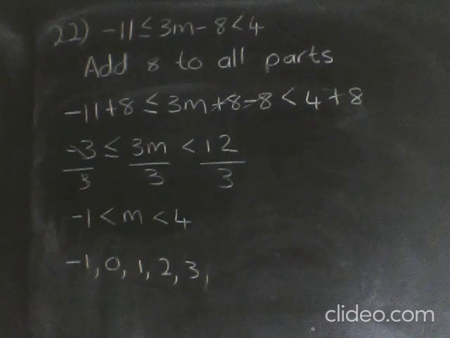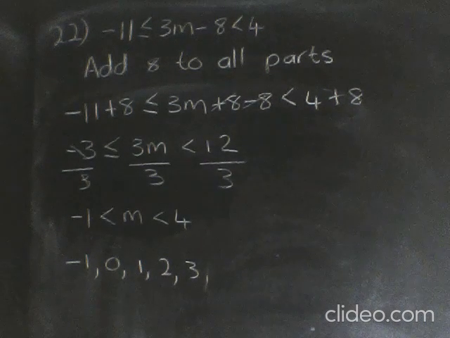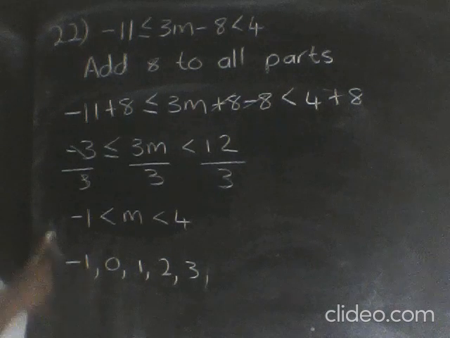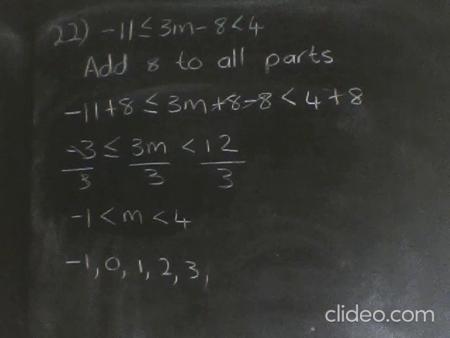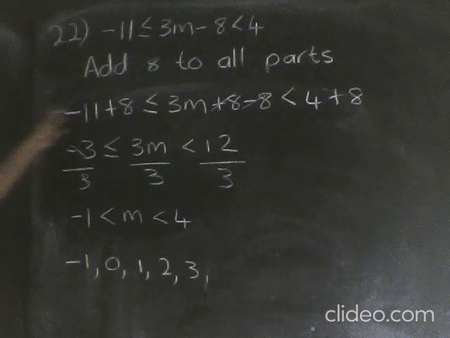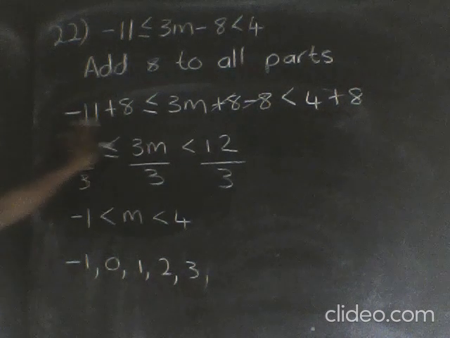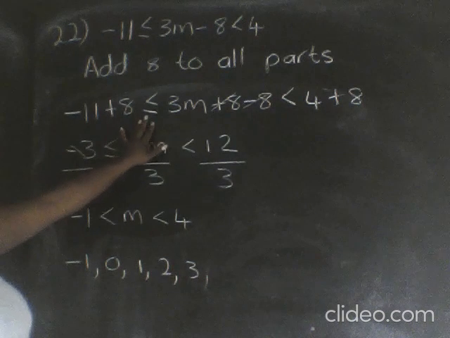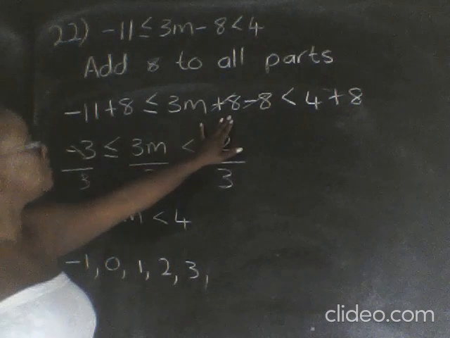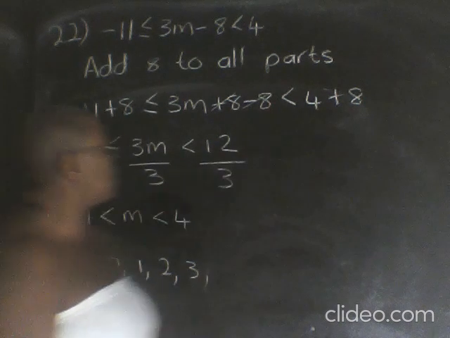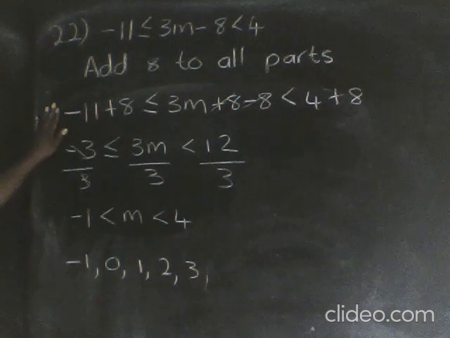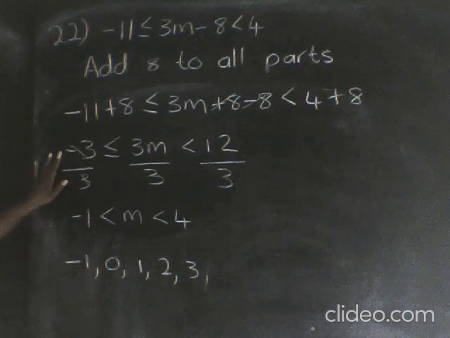Then finally 2.2 says negative 11 is smaller than or equal to 3m − 8, which is smaller than 4. So we add 8 to all parts. Negative 11 plus 8 is smaller than or equal to 3m − 8 + 8, which is smaller than 4 plus 8. Negative 11 plus 8 gives us negative 3.